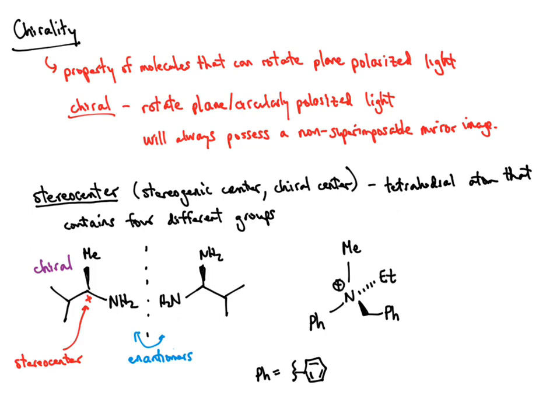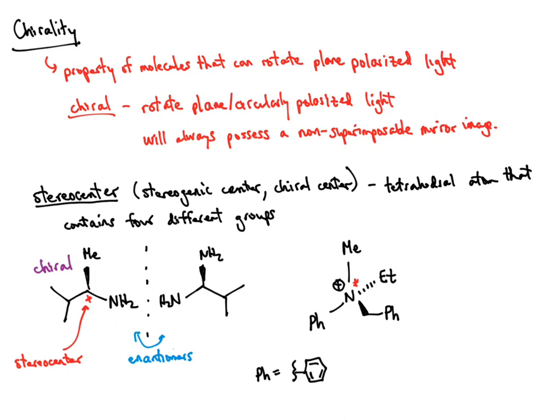Overall, the nitrogen is positive, but we say that that nitrogen atom is a stereocenter because it's a tetrahedral atom that contains 4 different groups in a spatial arrangement. If we were to draw the mirror image of that, it would be non-superimposable upon the first.